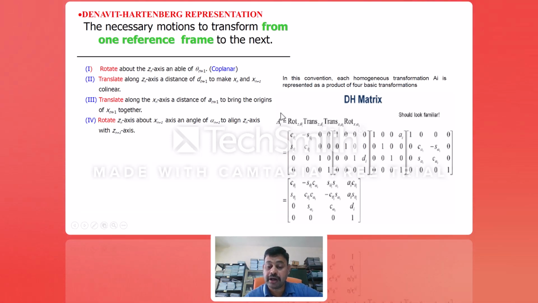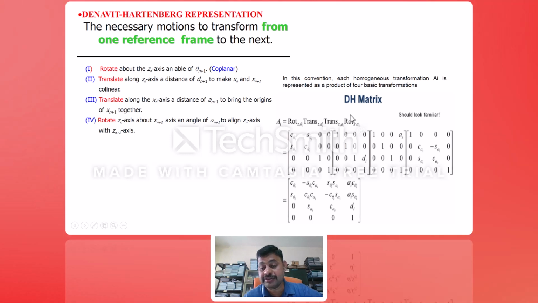Okay. So now the rotation about the z-axis, already we have given, right? Some values are given here. And the translation is given here, only the distance with respect to the z-axis. And again, translation with respect to x. For x you put a, and the remaining thing you leave in the matrix as it is.